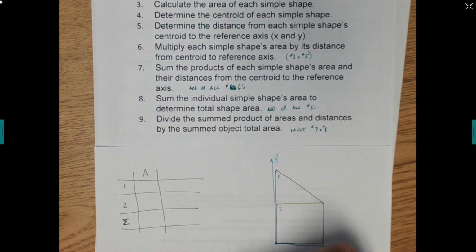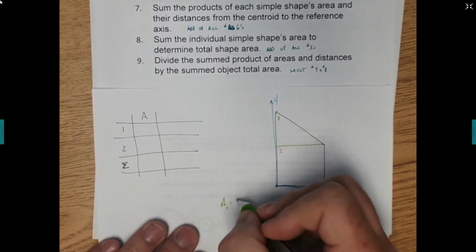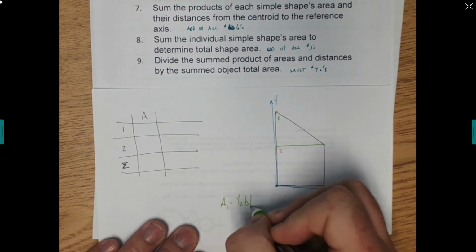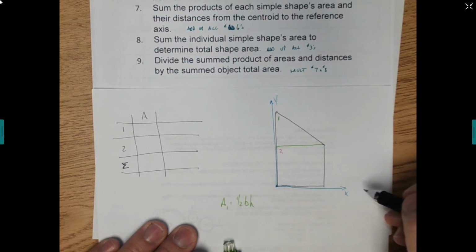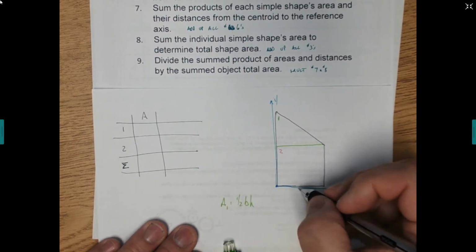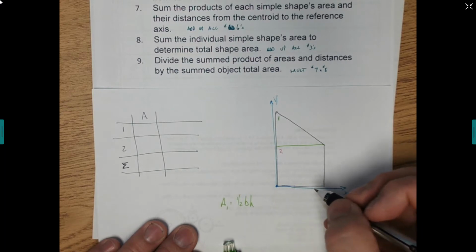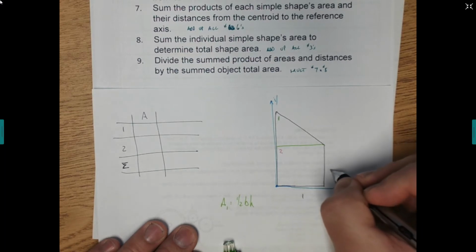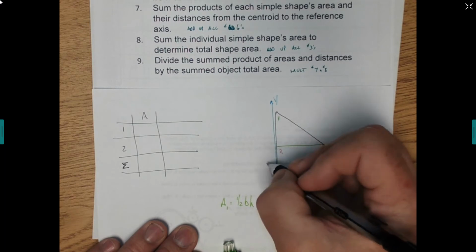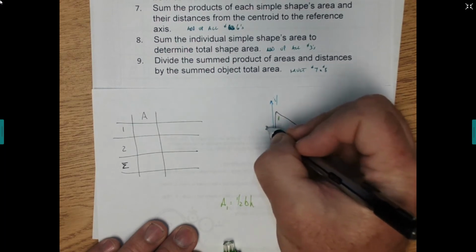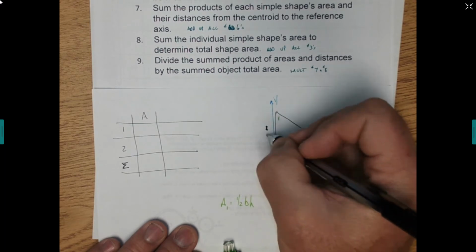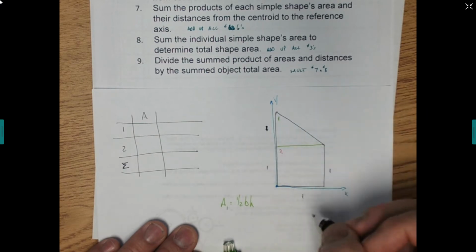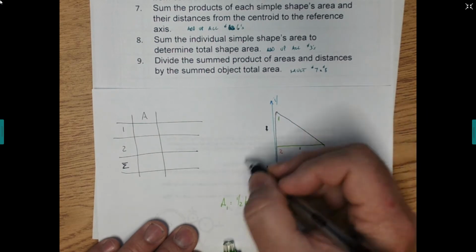So area 1, it's a triangle. So it's 1/2 the base times the height. Now, we didn't put all our numbers on here, so let me put numbers to my shape. Let's just make these fairly easy numbers. We'll call this 1, this 1, and this 1 and this 1. So the whole length was 2. Everything all the way across is 1.